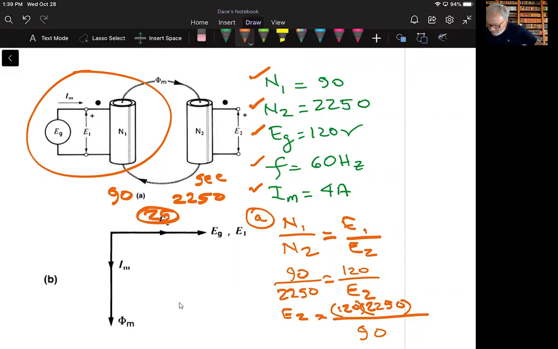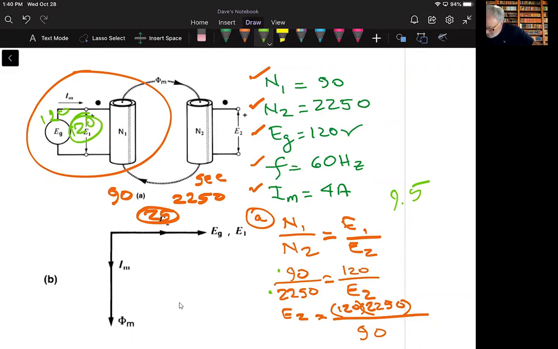So I thought it's probably better to use our equation 9.5 and put in everything that we know. We know that N1 is 90 and N2 is 2,250, and that E1 is 120 volts induced.